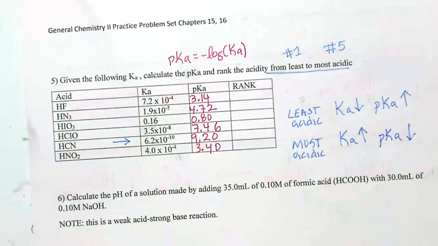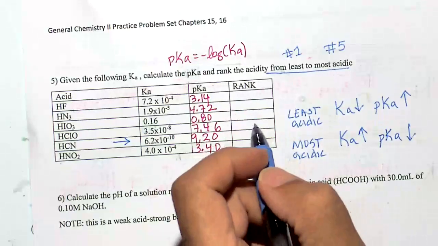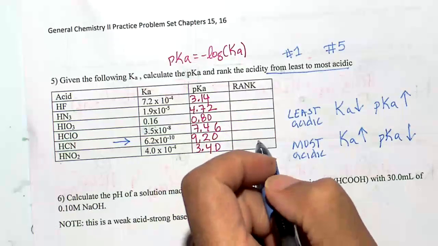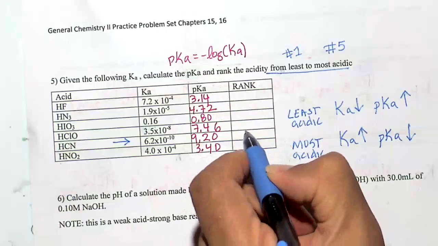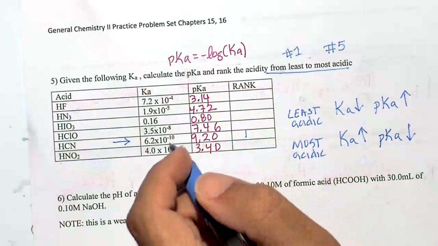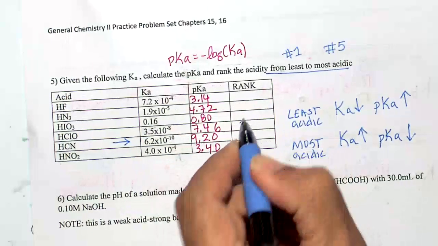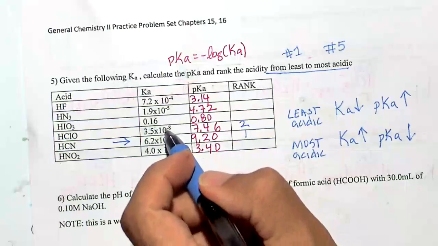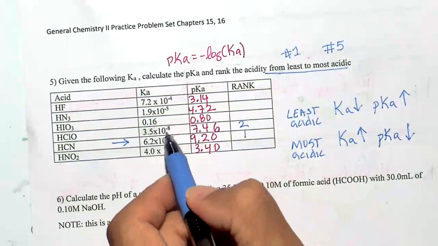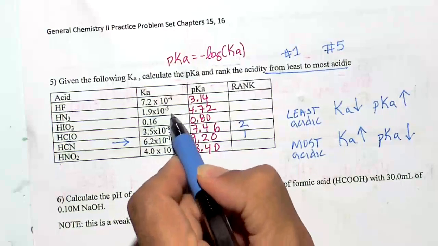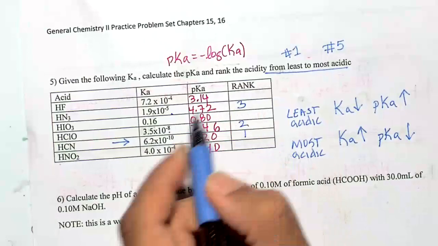However you want to rank them, either by Kas or by pKas, it should be the same. So least acidic, 10 to the minus 10. What's next? 10 to the minus 8. What's next here? 10 to the minus 5.